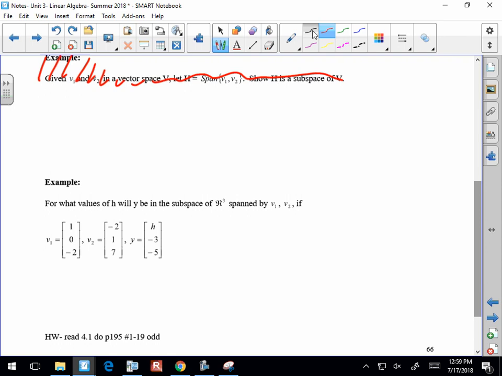So it's basically saying if we have weights on V1 and V2, C1 V1 plus C2 V2, will that be equal to Y? So what does that tell us to do?